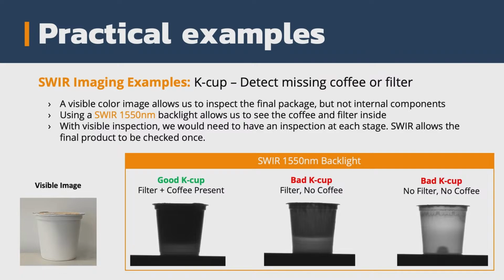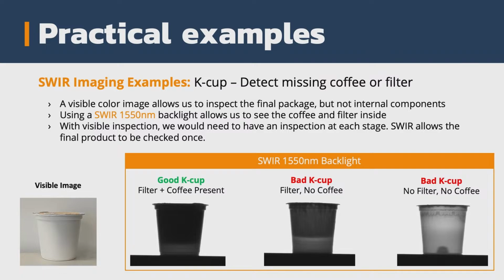If we look at the first bad K-cup image, in this case there is a filter present, but there's no coffee. And we can tell this, even though the top is still darker than the bottom, because we can see it's a medium contrast. It's not blacked out like when it's full of coffee in the first image, and there's no coffee attenuating the signal coming at us.